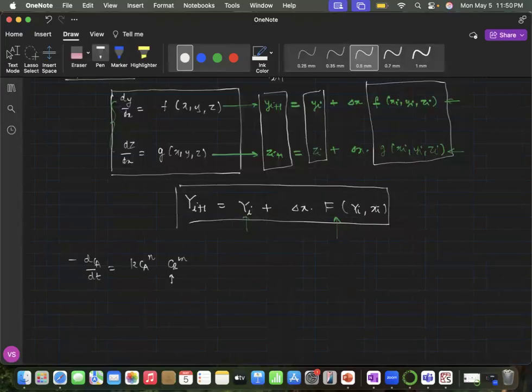So technically, you could use stoichiometry to solve for C_B, but let's say we don't use that, and let's say we try to use the rate expression for C_B as well. So we'll say minus dC_B by dt is also equal to k C_A to the power n C_B to the power m, right? Although the easier method would be to say C_B equals C_B0 minus C_A0 minus C_A. But let's not do that.